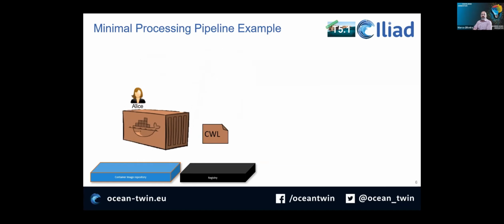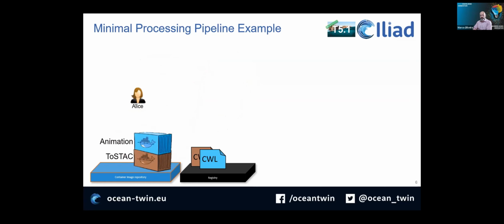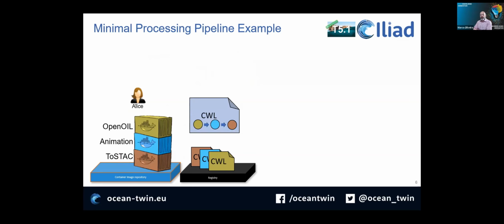Both elements will be available through the repository if they are containerized applications, and through a registry that will allow us to afterwards find and request the execution of these containers. Alice will also get these application packages and produce a pipeline by dividing the initial model into different containers and different application packages.